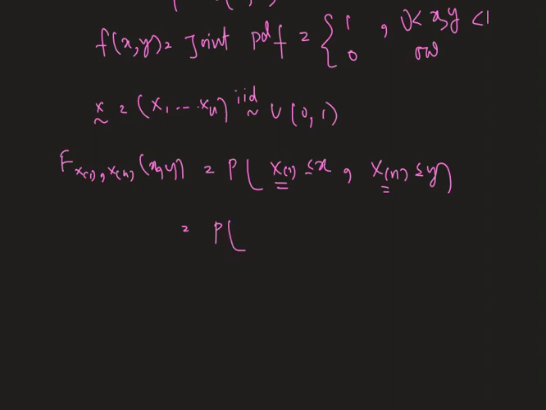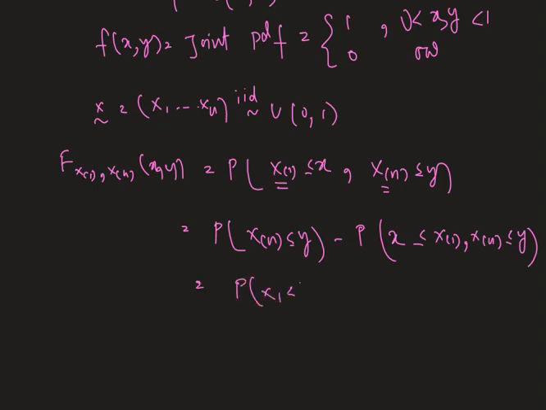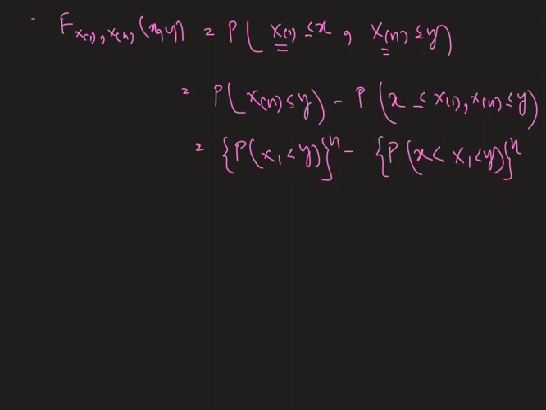Now this reduces to probability of X order n is less than or equal to y minus probability of X order 1, X order n in between x and y. Now as Xi's are IID, we can write probability of X1 less than y whole to the power n, and probability of X1 is in between x to y to the power n. This is the general formula for X order 1 and X order n.